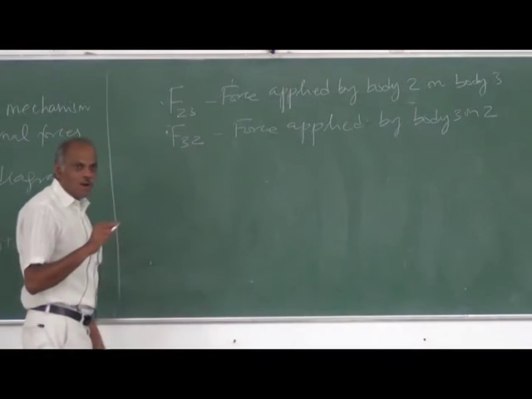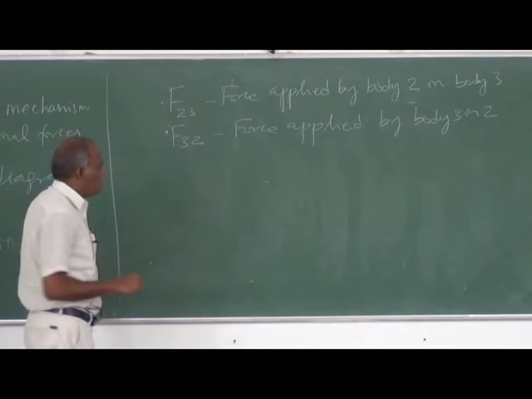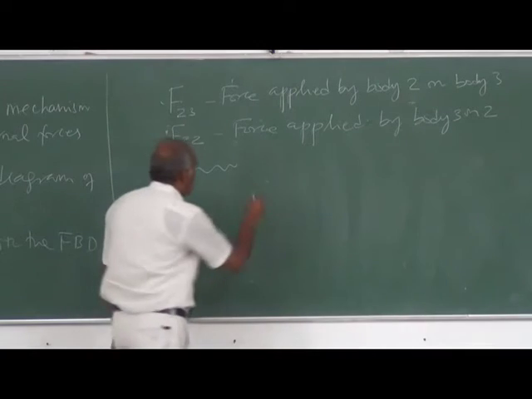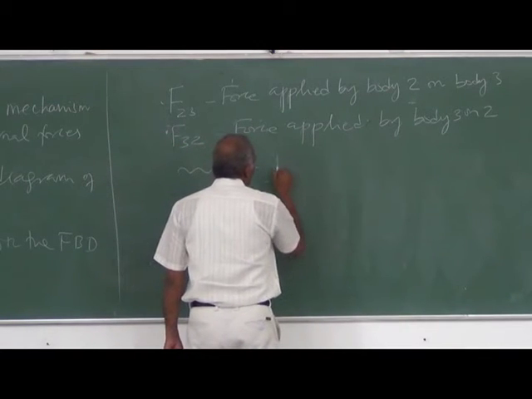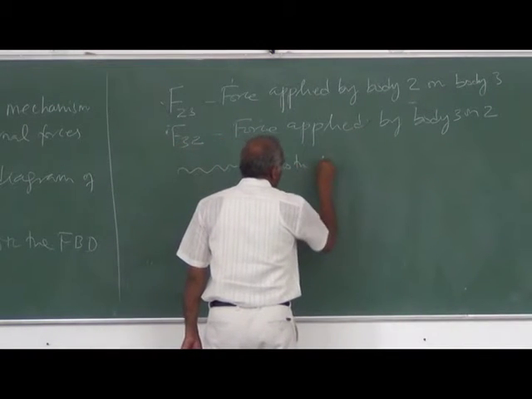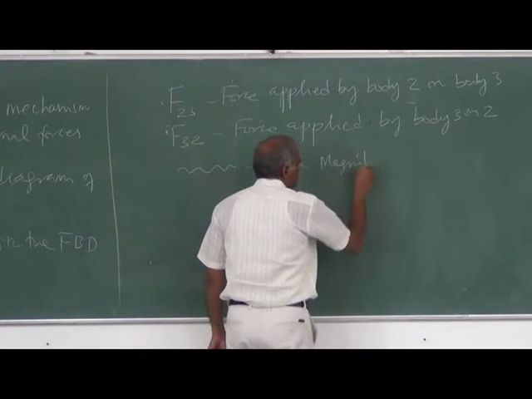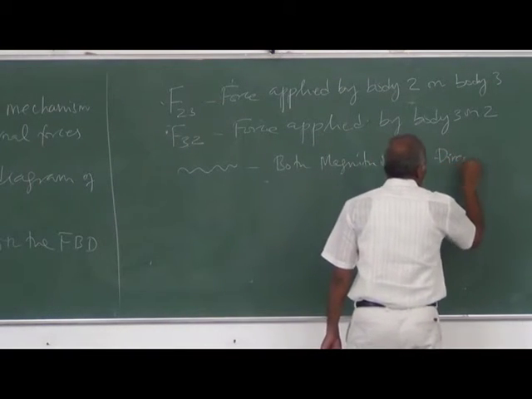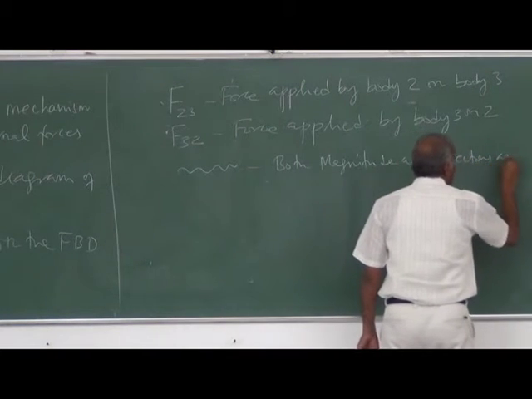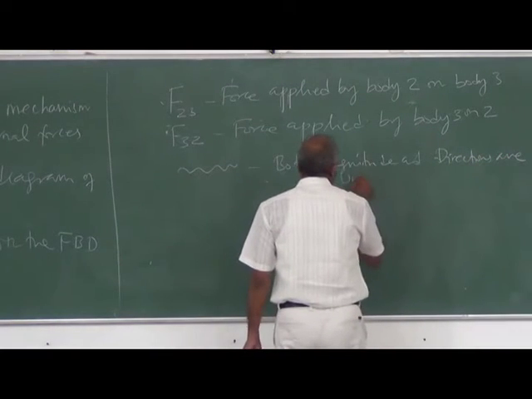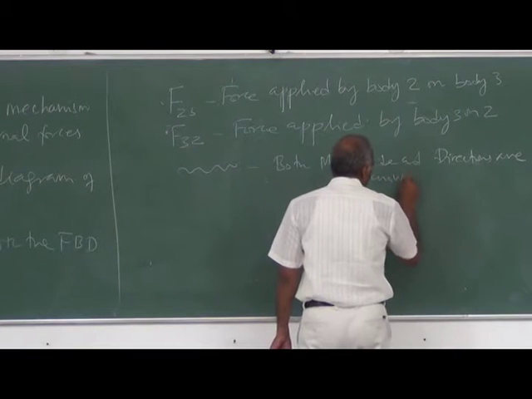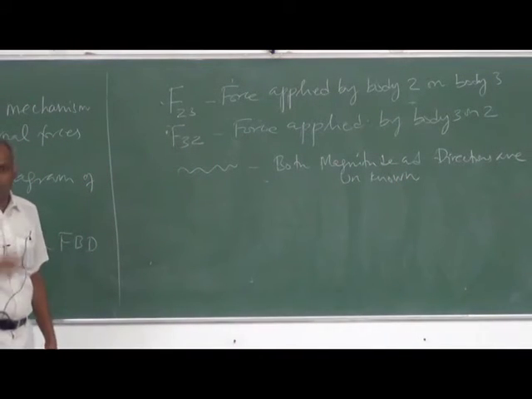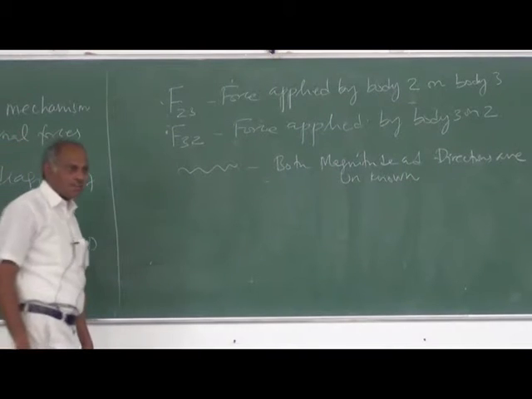And then for representing the forces graphically, we use a wavy sign when both magnitude and directions are unknown. When both magnitude and directions are unknown, you just put a wavy sign.